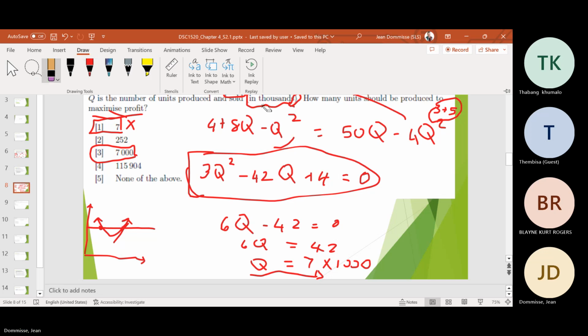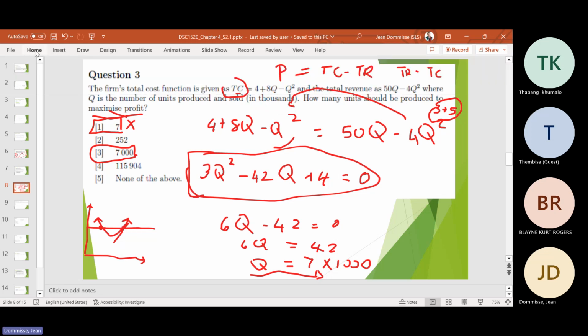So what is important in this question, and that's why I wanted to show you guys this as well, is that in a sense, that is how a lot of your questions are going to be in the exam: there are going to be links between the different sections. And this one is definitely a proper link between study unit 3 and study unit 5, and then you need to know the application of that.